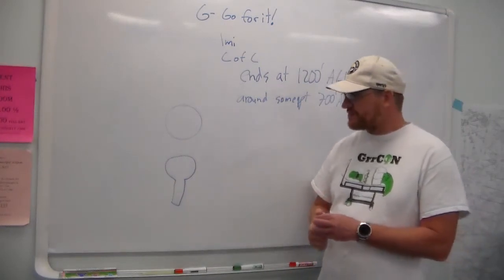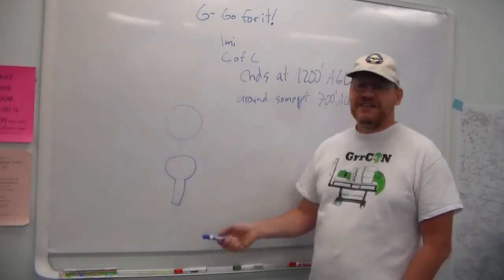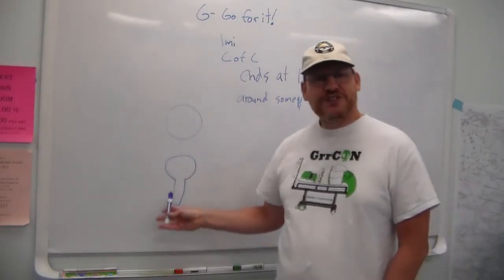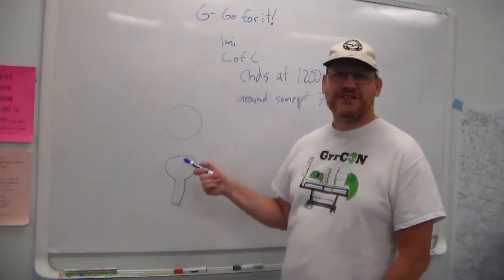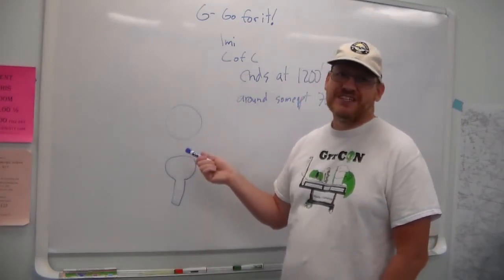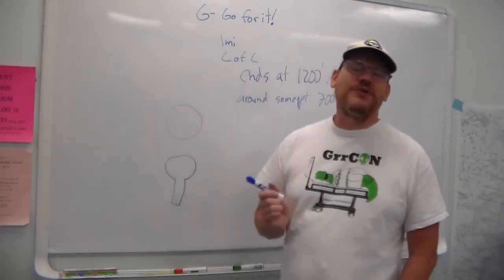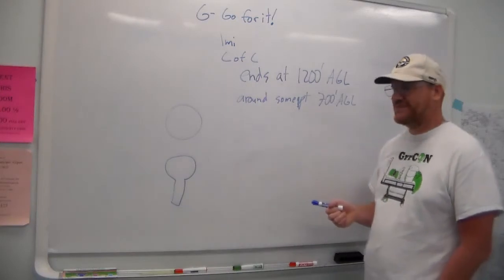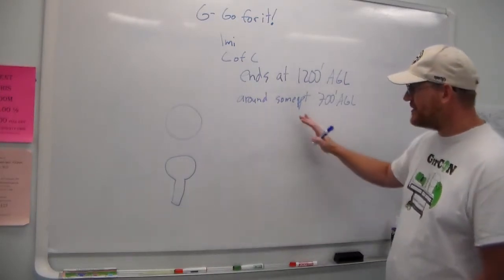Basically, the reason that it looks like this or that is if there's an instrument approach that comes in this way, you might see the keyhole. If there's not, or there's maybe a circling approach or something like that, you might just have a circle around your airport. You can have other shapes, of course, but this is just typical stuff. Okay.